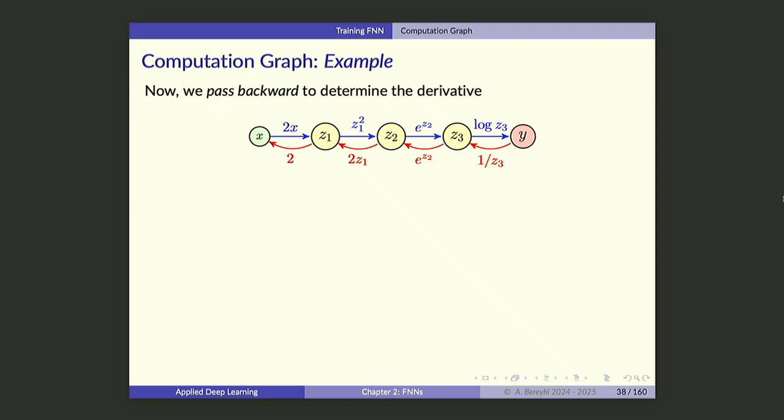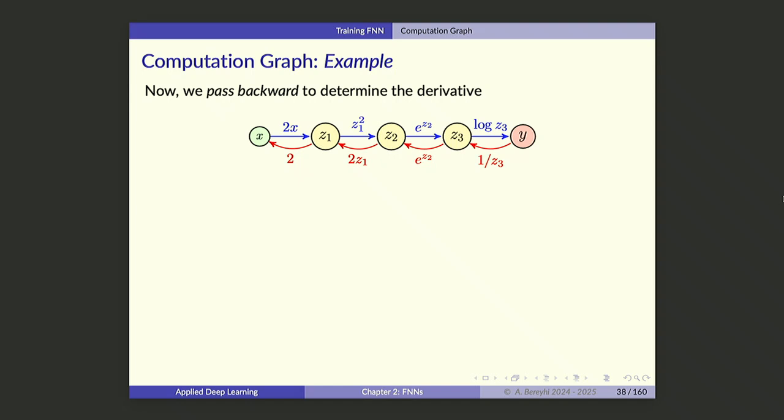If z3 is an exponential function of z2, then the derivative is going to be, again, exponential, right? If z2 is z1 squared, then the derivative is going to be 2z1. And if z1 is 2x, then the derivative is going to be 2, right? So you can have forward functions and you can have backward functions, right?